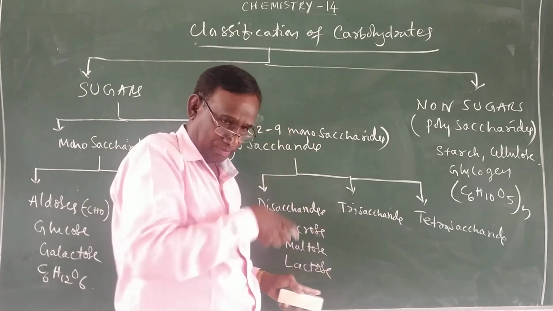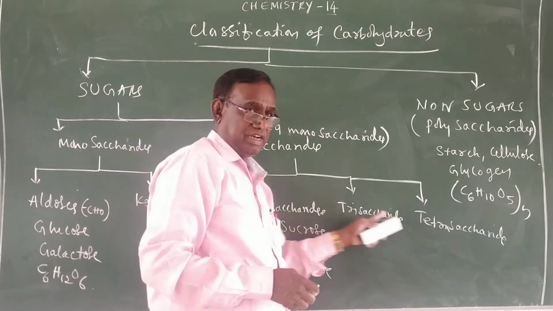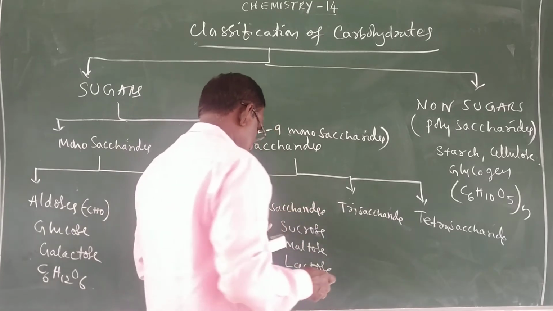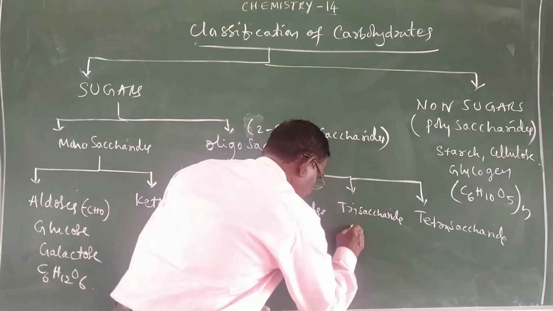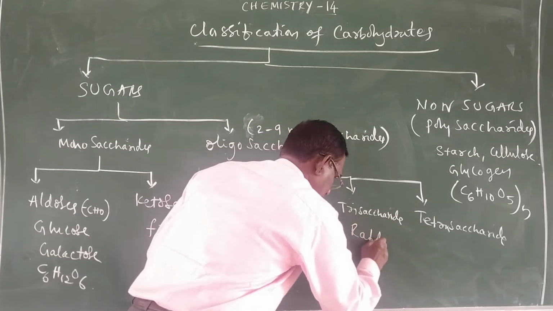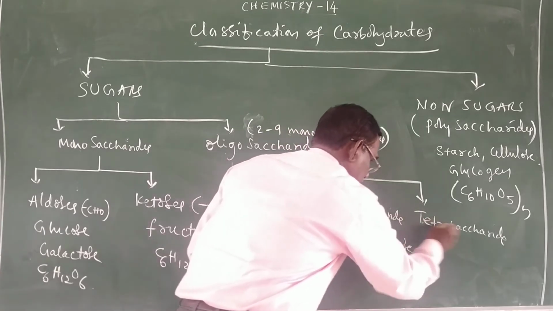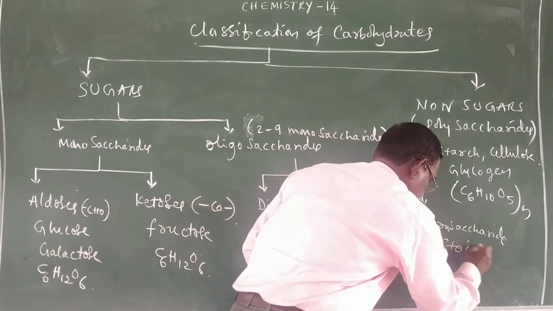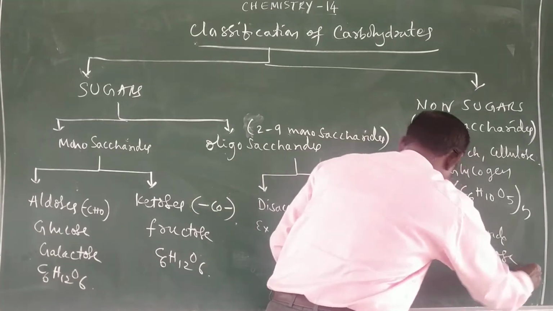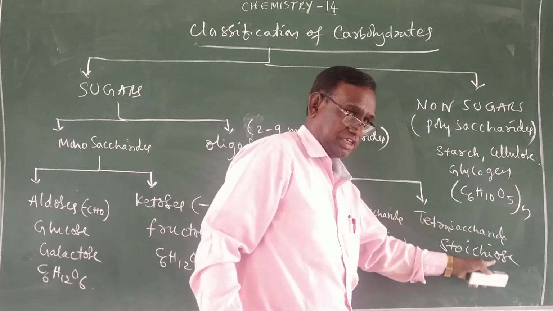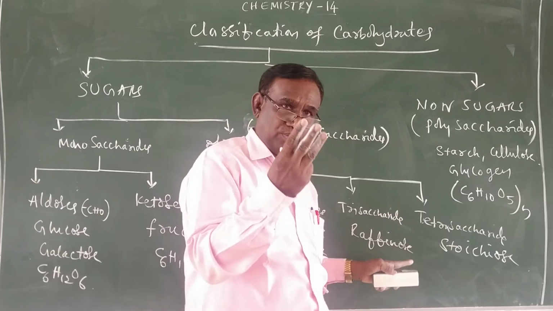It is present in what? Milk. Next, trisaccharides. Example is raffinose. This one is stachyose. So these are the examples for trisaccharide and tetrasaccharide. Tetrasaccharide gives how many monosaccharides?